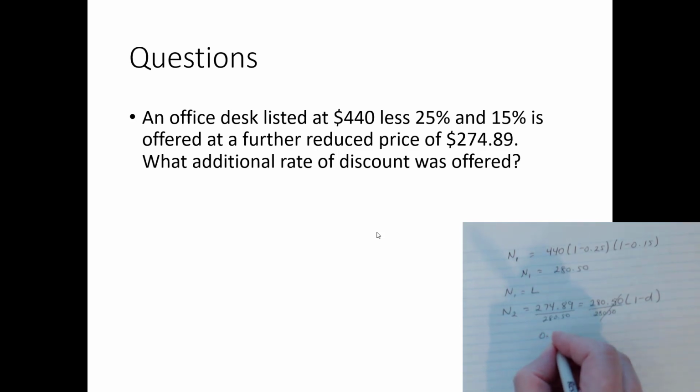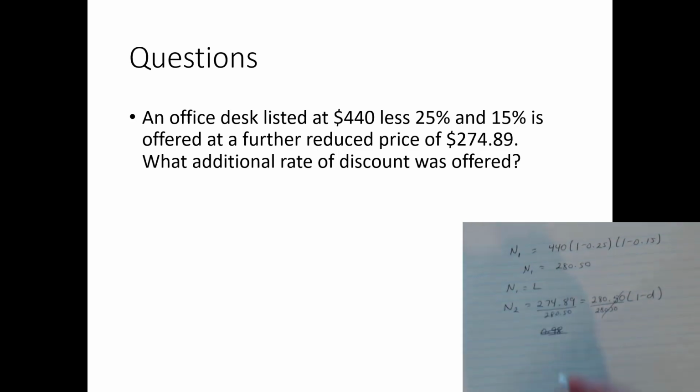And so now I do have 0.98 equals 1 minus D. I'll pull the 0.98 over to the right-hand side, and its sign will change. And then I'll pull the D over to the left-hand side. Its negative sign will change to a positive, and I get a D of 0.02, or about 2%. Okay. And that concludes this lovely little unit.